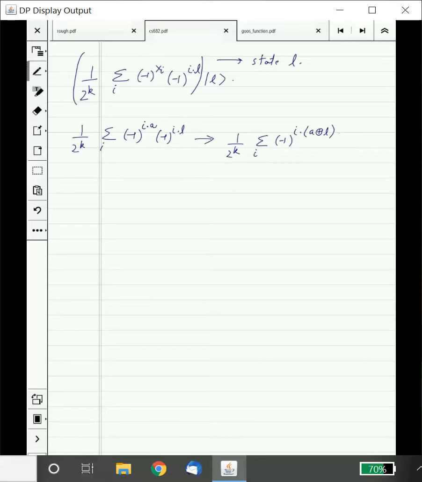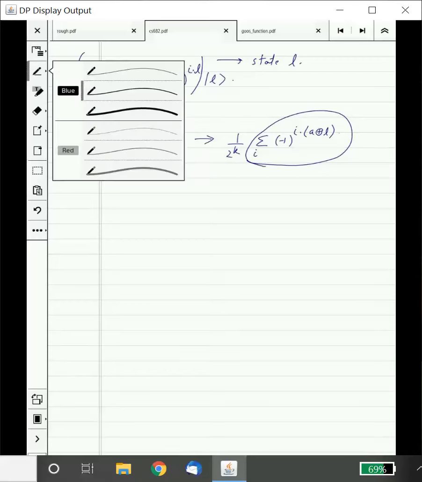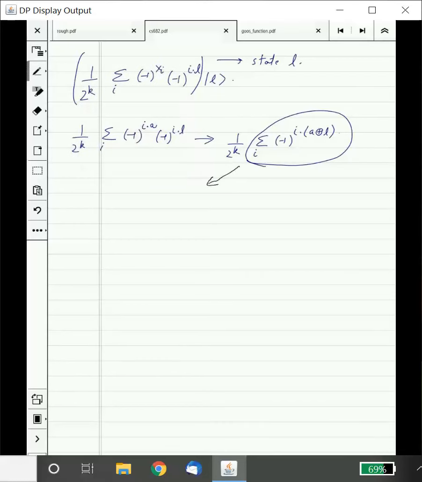This summation is almost always 0. It will only be non-zero when this A XOR L is the all zero string. This is something we saw before also.